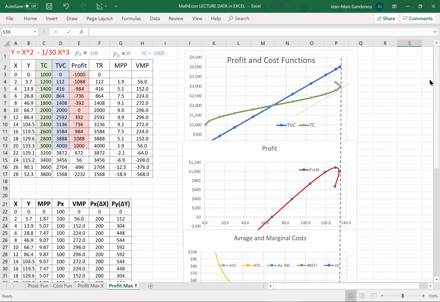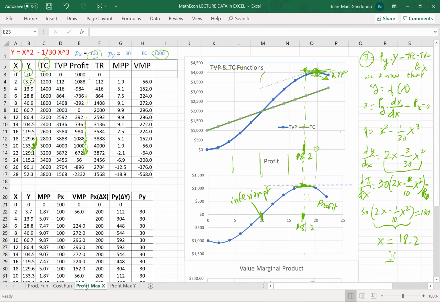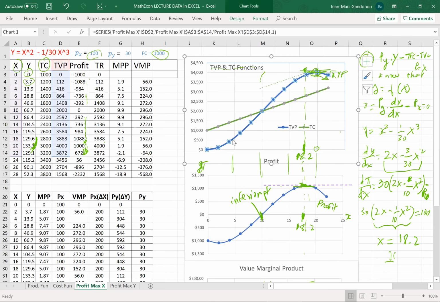And to look at the maximum output, we also need a profit. That does not change. But here we have our x, and here we have profit, sorry, not y, total value, or dollars.